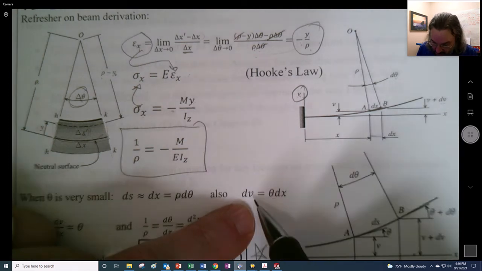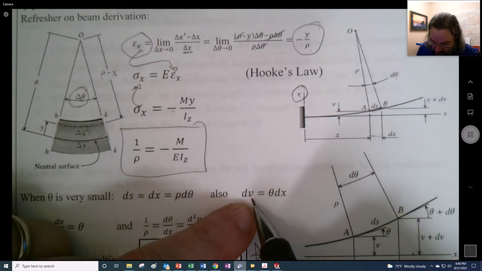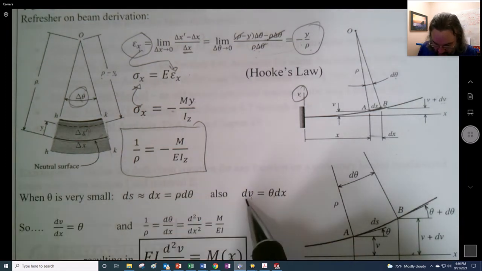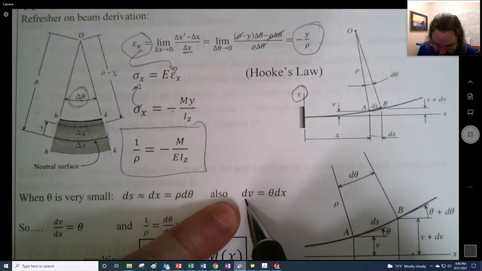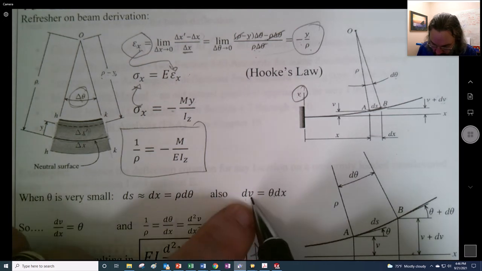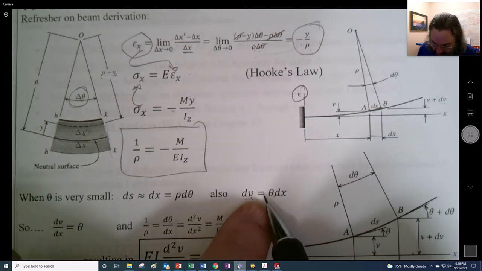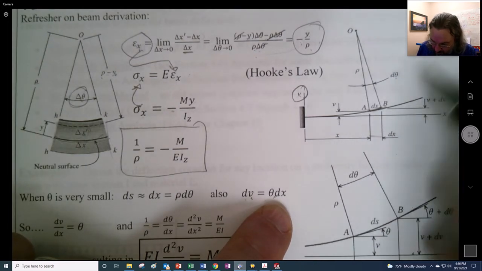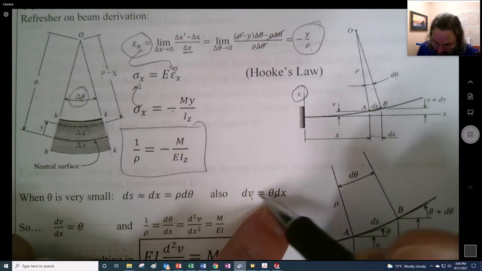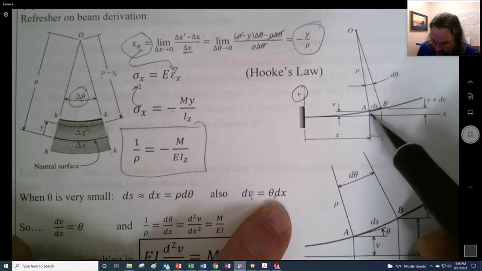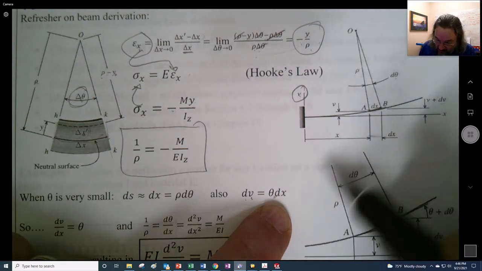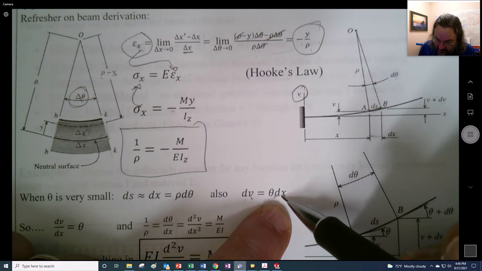So we can also find that the deflection that's going to be here can easily be said as dV is equal to this angle in here, theta, not d theta, but this angle theta of the thing, times dx, right?